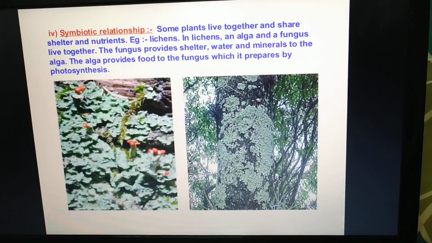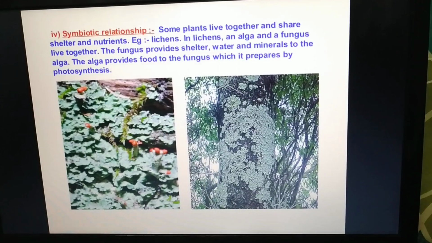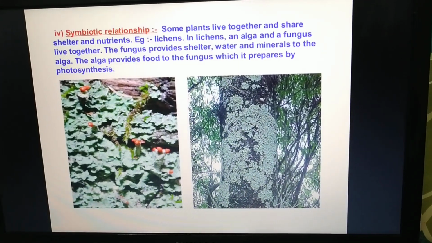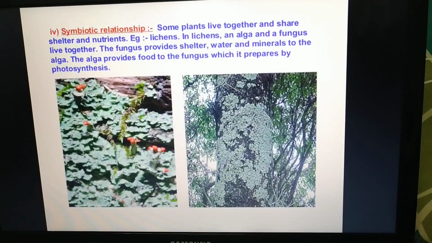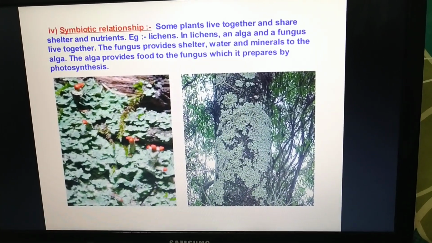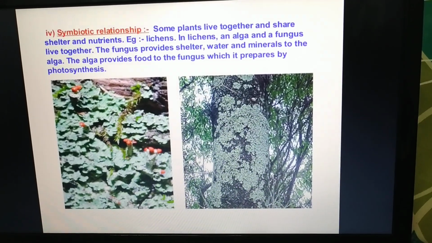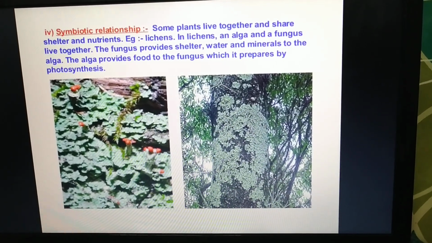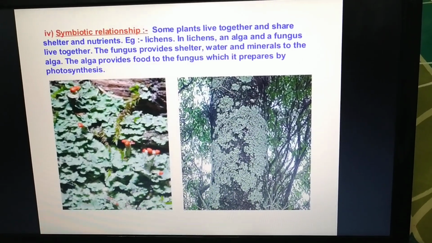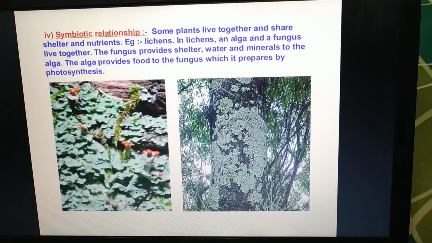This rhizobium bacteria lives in the nodules of the legume plant, and has the capability to fix atmospheric nitrogen. That is how, children, this rhizobium bacteria provides nitrogen to the plant and the plant provides shelter to the bacteria. So, a kind of mutual relationship in which two organisms live together and share shelter and nutrients is known as symbiotic relationship.